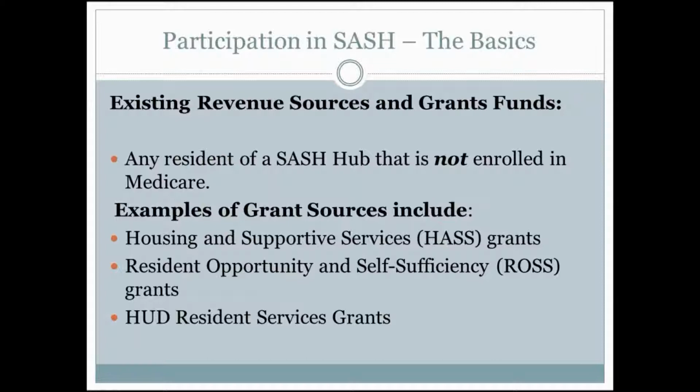The first is that it's very possible that within that SASH hub site, let's say like at Butterfield Commons, for instance, that there are some people that are living there that aren't on Medicare. Affordable housing is funded by lots of different funding sources, and I know some federal sources for senior housing actually have an age cutoff of 55 or older.